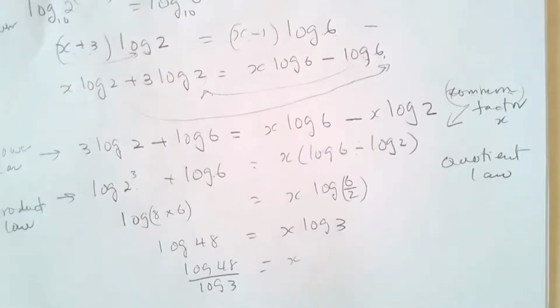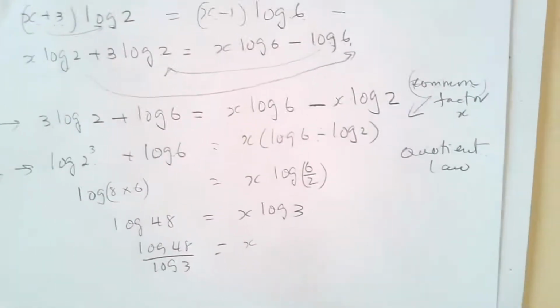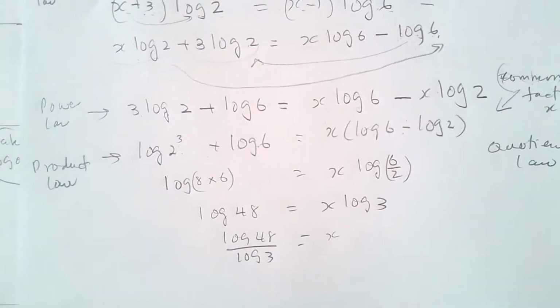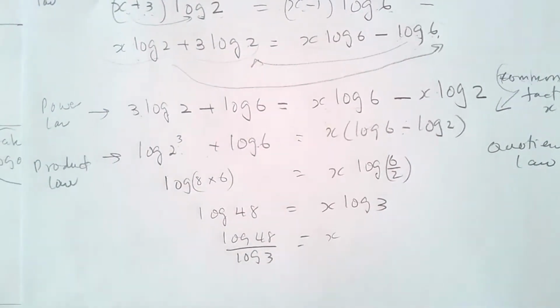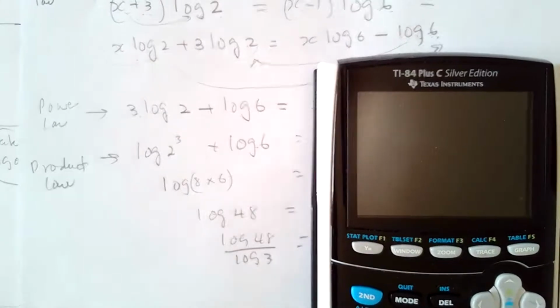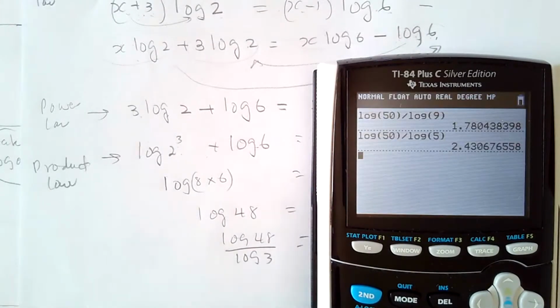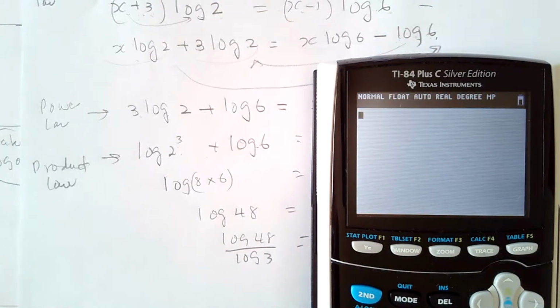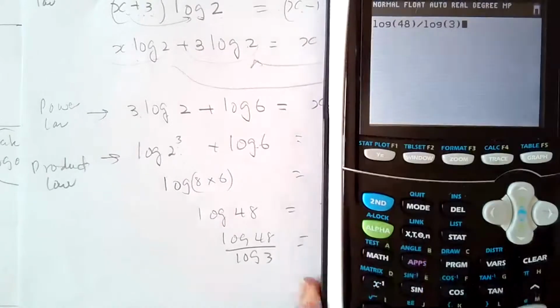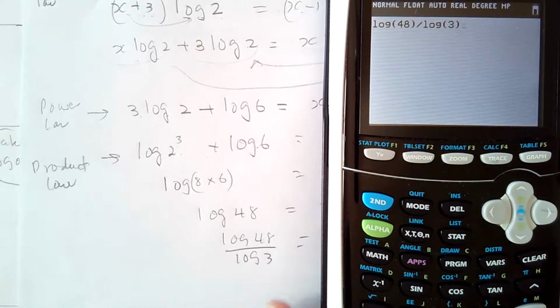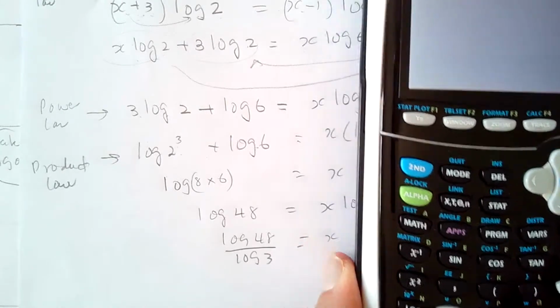Now we need to go to our calculator. That will give us log 48 divided by log 3. By the way, I'm using my common log button on my calculator, you can see there.